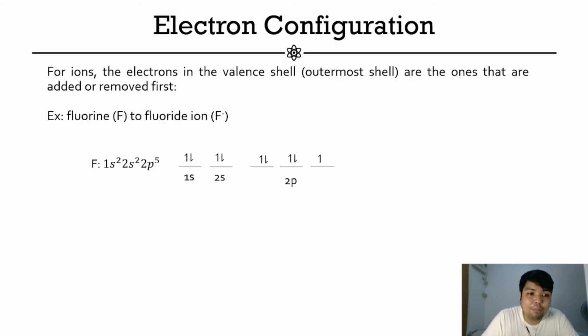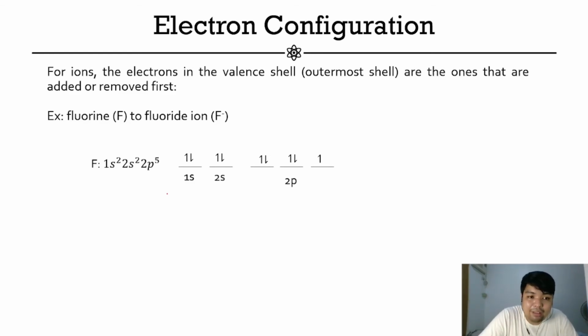Now, how do we draw the electron configuration of an elemental ion? Let's have an example here, a fluoride anion. We add or remove electrons depending on the charge of our elemental ion. So let's have, for example, fluorine to fluoride anion.